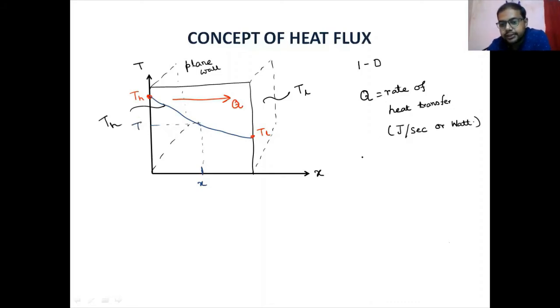The temperature T is a function of X only. In the one-dimensional case we have considered, temperature is a function of x. So the heat flux concept comes into the picture.